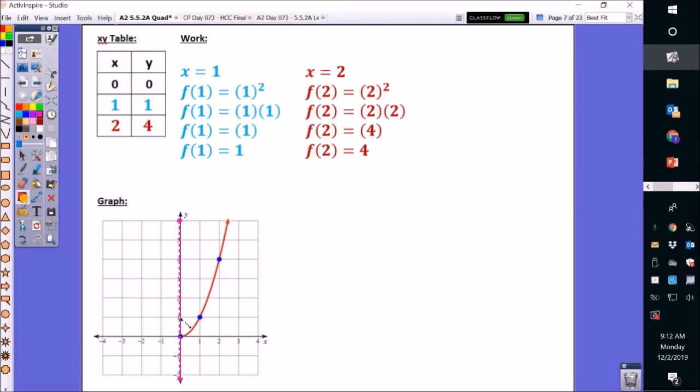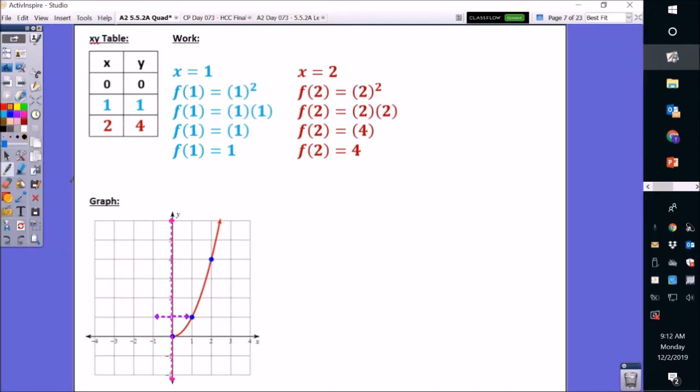Looking from the axis of symmetry, if I count to my second point, it was basically 1 unit. Let me show you. From the axis of symmetry to the second point, it was 1 unit to the right. So to make my corresponding point on the left side, I'm going to go the same amount, 1 unit to the left, and plot my point here.